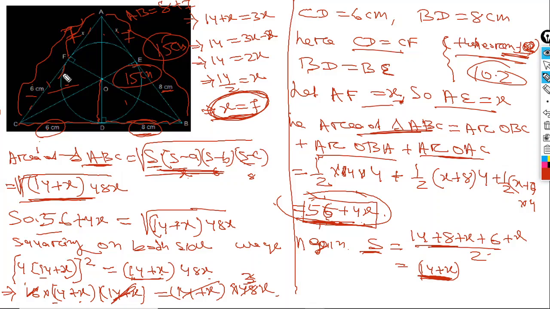And here it will be 7 plus 6 plus 7, which is 13 cm. So the length of AC is 13 cm, and the length of AB is 15 cm. The important thing is x equals 7, so that we can find these values.